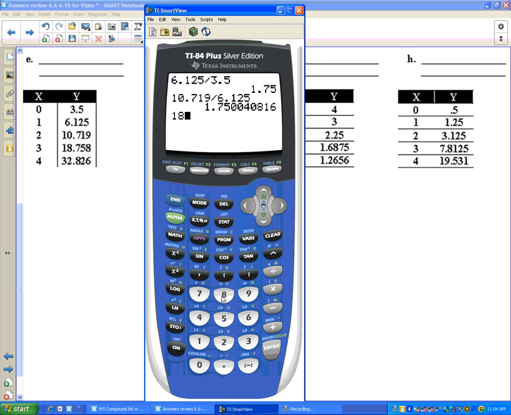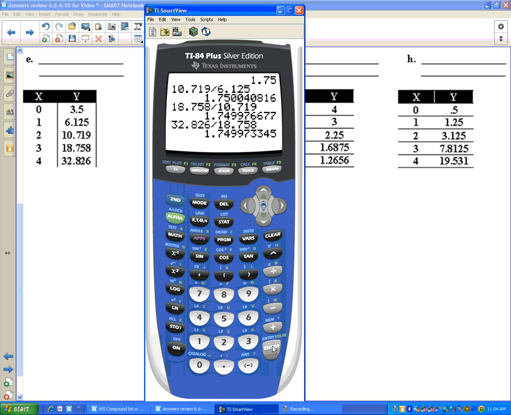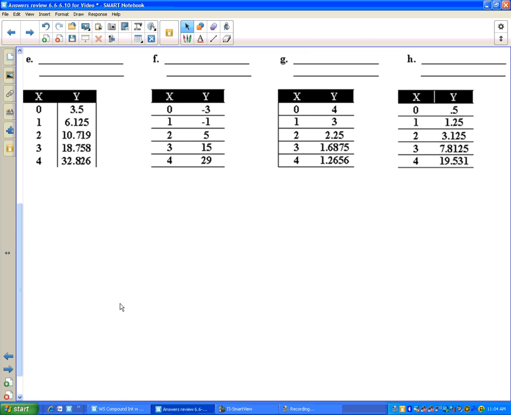Take 18.758 and divide by 10.719. And I get 1.75. Take 32.826 and divide by 18.758, and I get 1.75. So my successive quotient all the way down is 1.75.